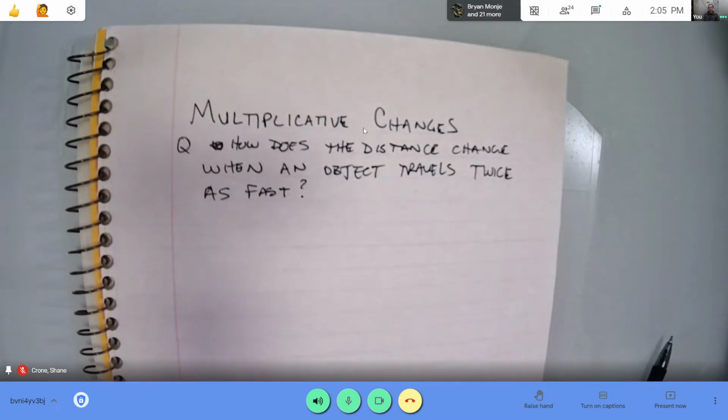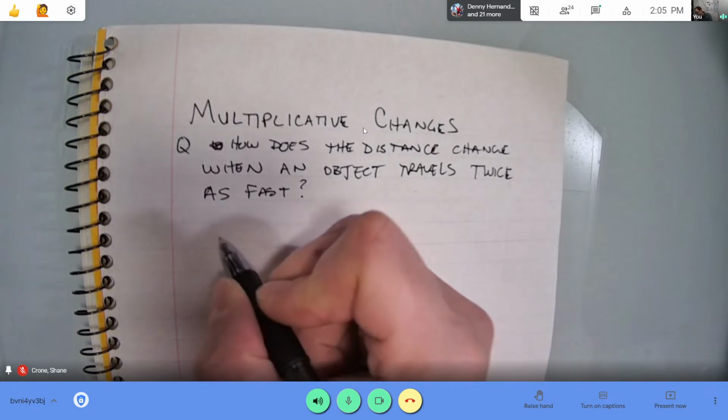Okay, so the question is, how does the distance change when an object travels twice as fast? We're going to essentially make two calculations. I'm going to show you what the original distance would look like, and then we'll make the change and we'll see what happens to the distance.